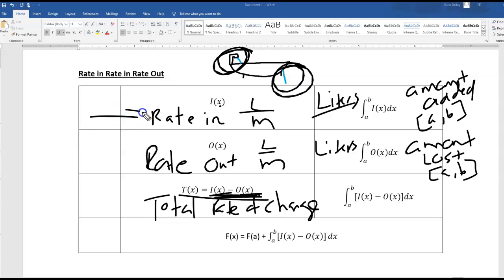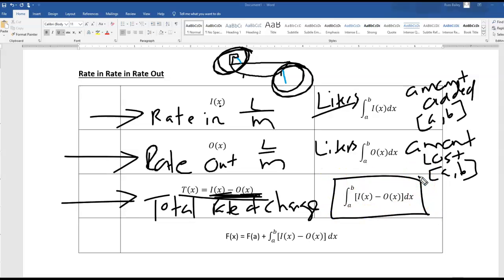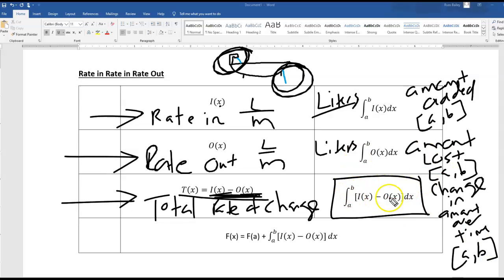So we have the rate in, the rate out, and the total rate once you combine them together. Now when you integrate this, it tells you the change in the amount of water over time, and our time is from A to B. So this integral doesn't tell us how much was lost or how much was added, but rather it puts those together.